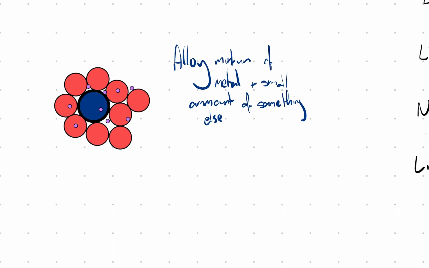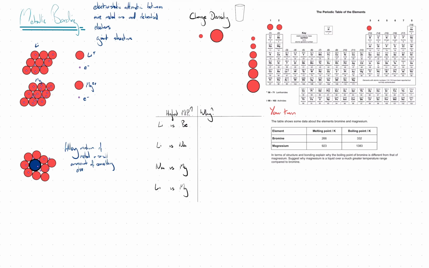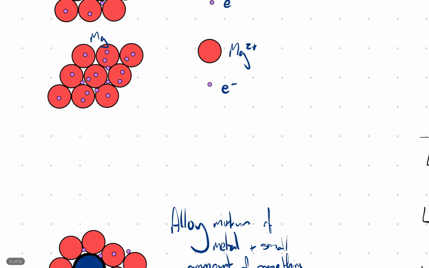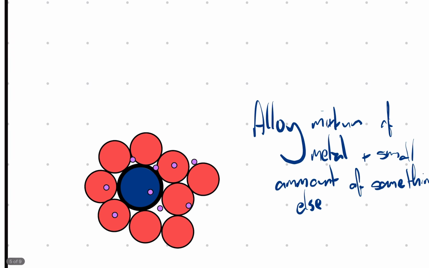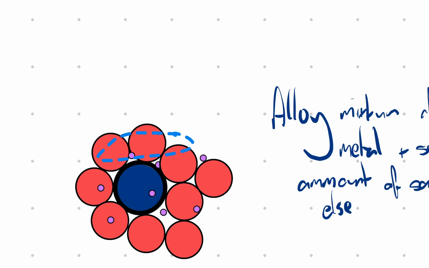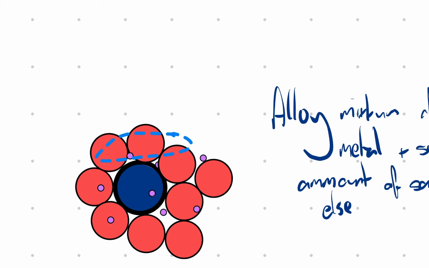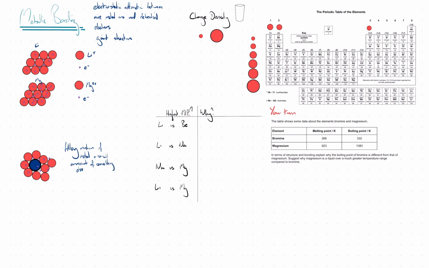That means the neat structure has been broken up by this bigger atom. So the sliding we get here is not going to happen, because that neat structure doesn't exist. As the layers slide, they're going to bump into that larger or smaller atom. It doesn't really matter; the neat layers are now interrupted. So that's basically the GCSE side of it.